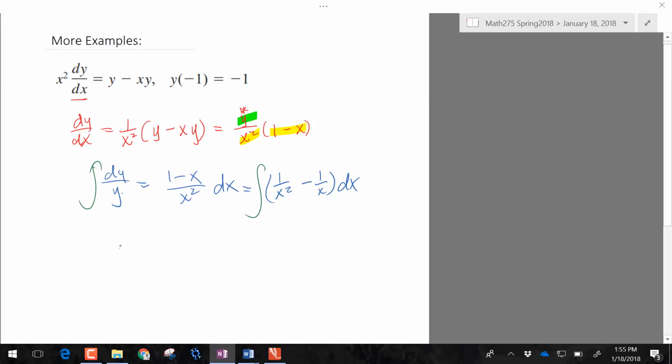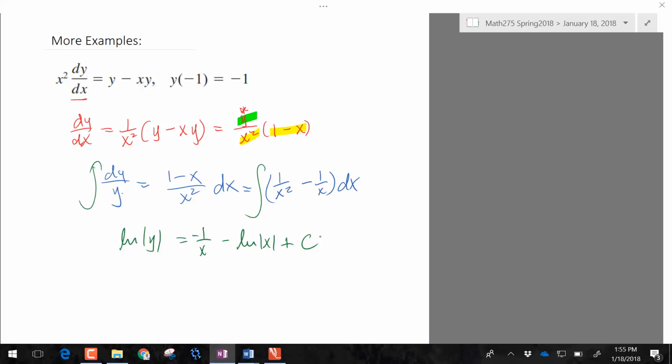And then we get ln of y, and then we have minus 1 over x, and then another ln x, plus c. So we can find this explicitly.